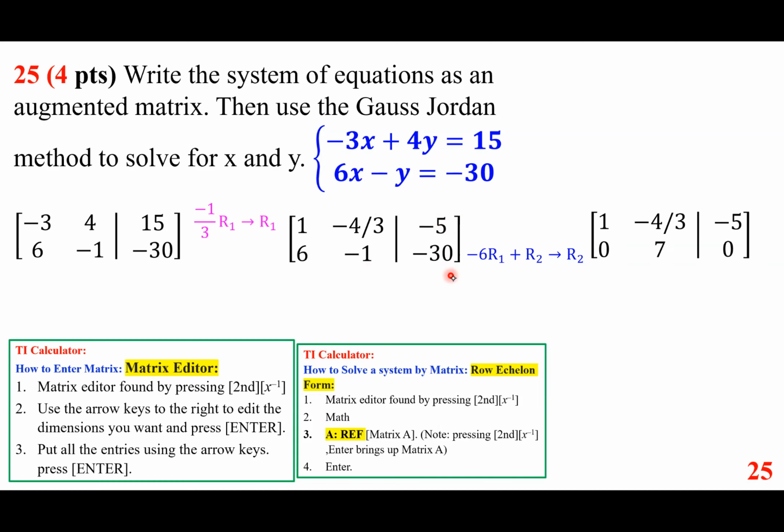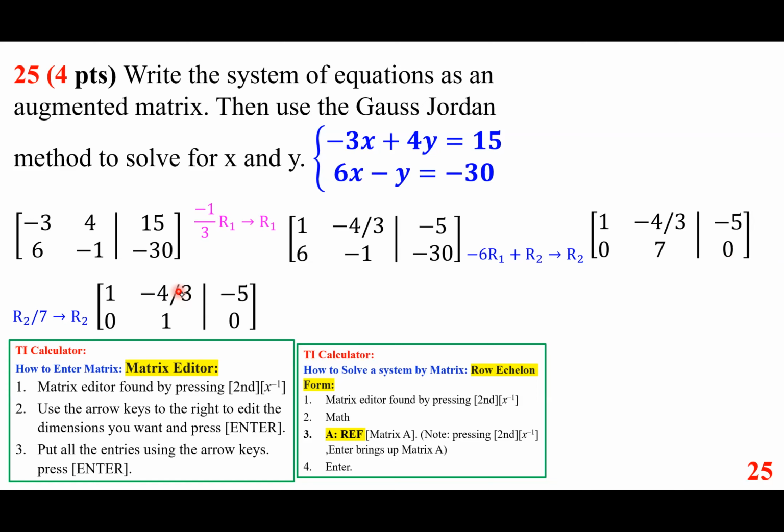The next step is to change this to 1, so I'm going to divide this row by 7. The first row is intact. This becomes 0, divided by 7 is 0, 7 becomes 1, and this becomes 0. Now the last thing is to make this one a 0.